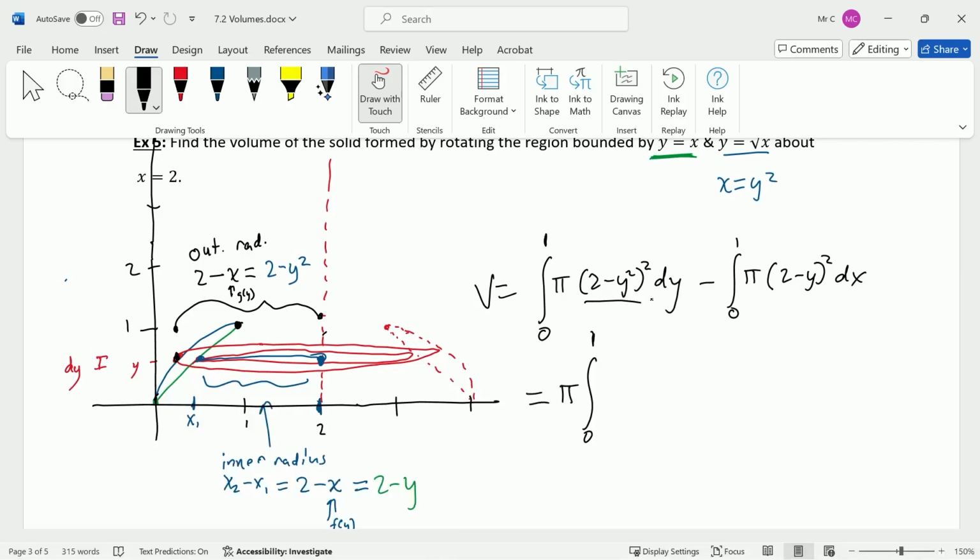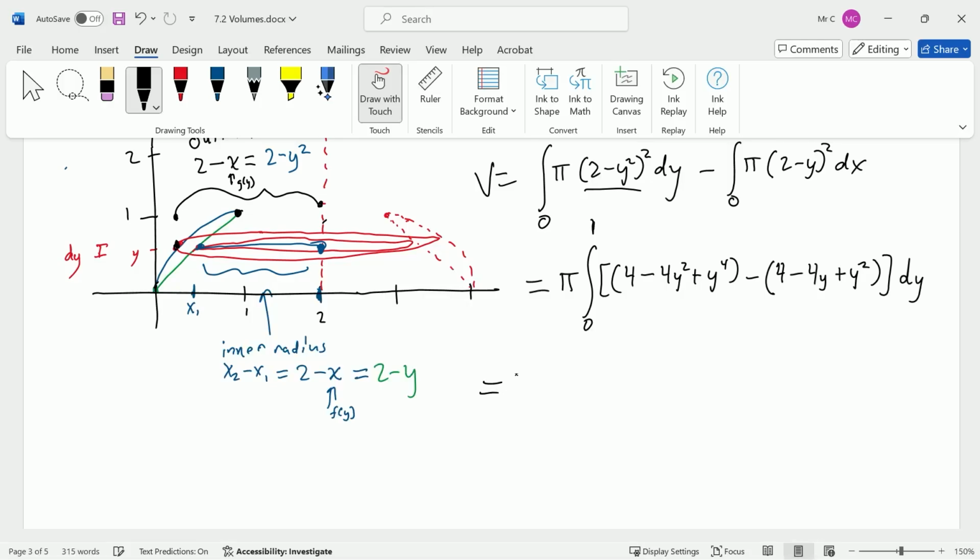So 2 minus y squared, squared is going to give me 4 minus 4y squared plus y to the fourth, minus, and 2 minus y, squared will give me 4 minus 4y plus y squared.